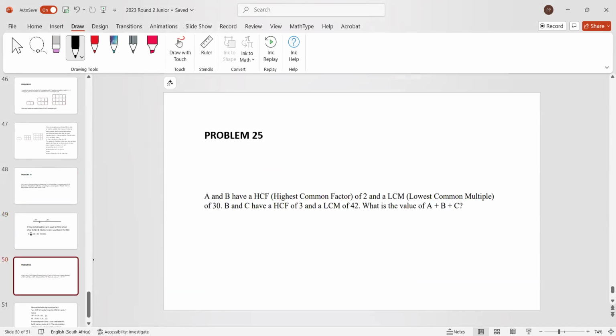This is problem number 25. A and B have an HCF of 2. That's the highest common factor. And an LCM of 30. So A and B are two numbers, obviously positive integers.